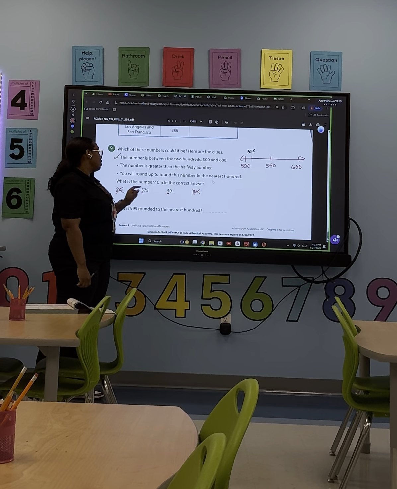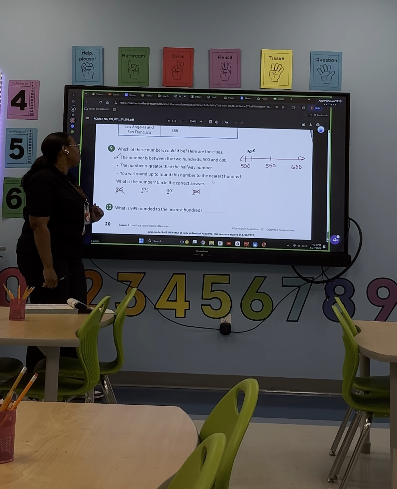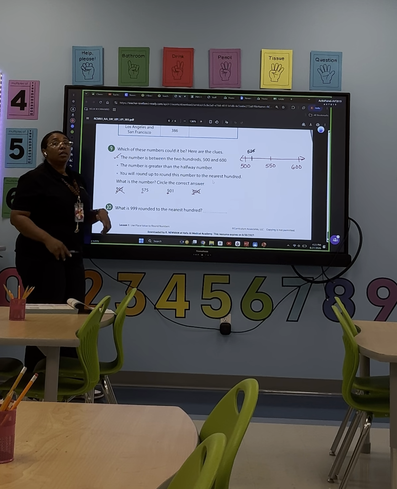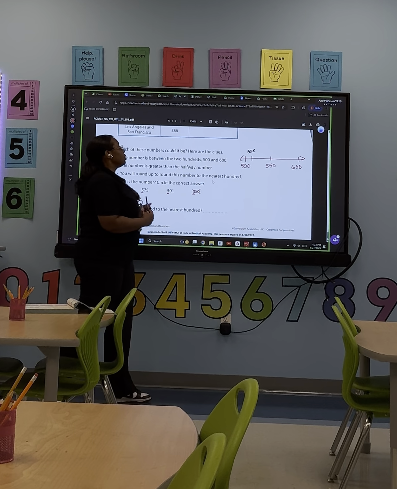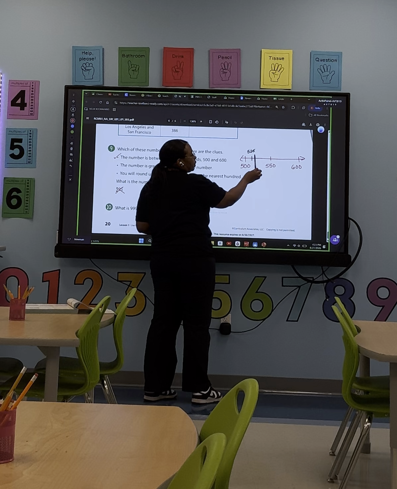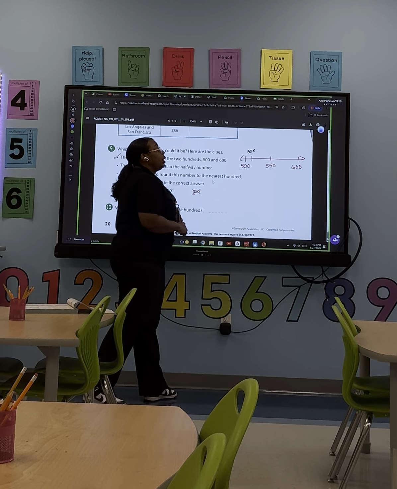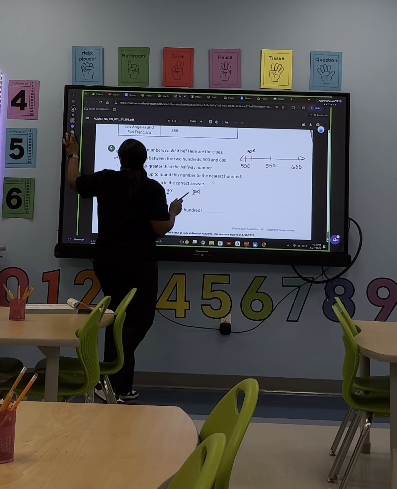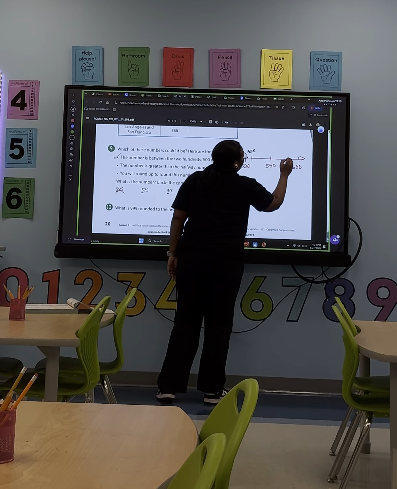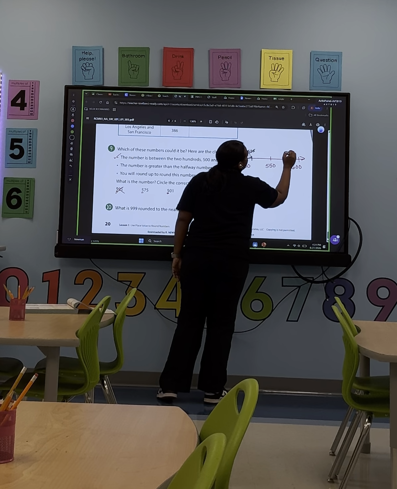Let's go to our next number, 575. Let's ask the question. Is 575 going to be greater than 550 or is it going to be less than 550? Well, we know that 575 is going to be greater than, and it's going to be on this side of the number line.